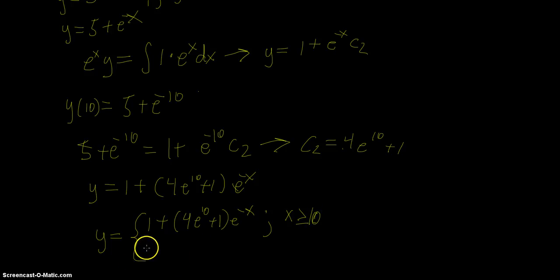And y equals, that's not how I want to write that. Let's see, where was I? Yes, this over here. 5 plus e to the negative x when 0 is less than or equal to x, which is less than 10.